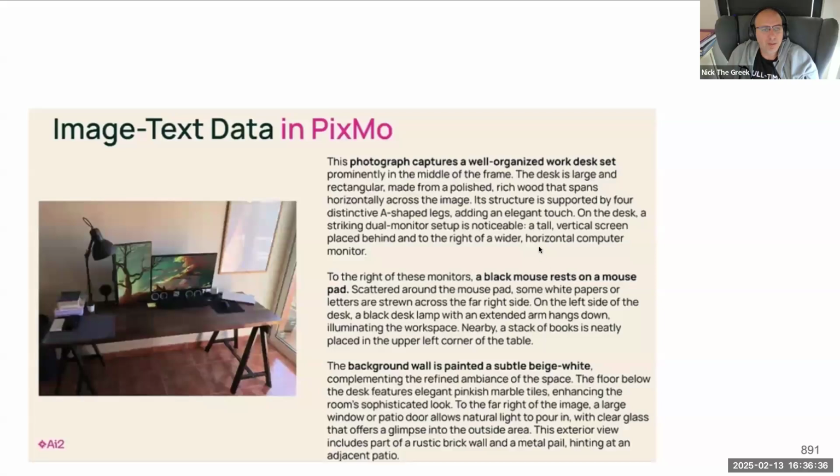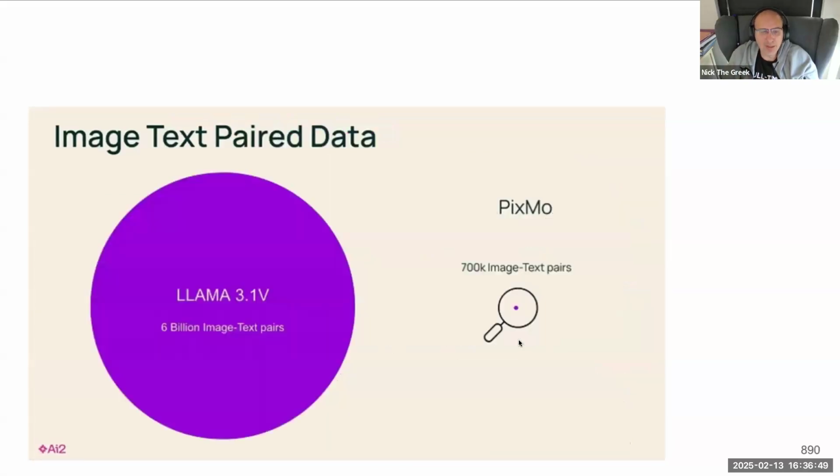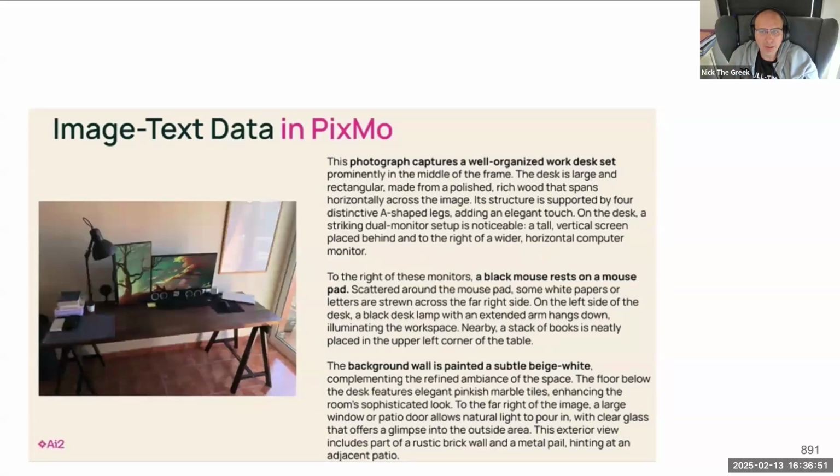Now, you have a photograph, and look at this nice description that they have. Very informative. You won't find this in other training data sets, because I think they used something that other people have done before, and I think it was quite clever.